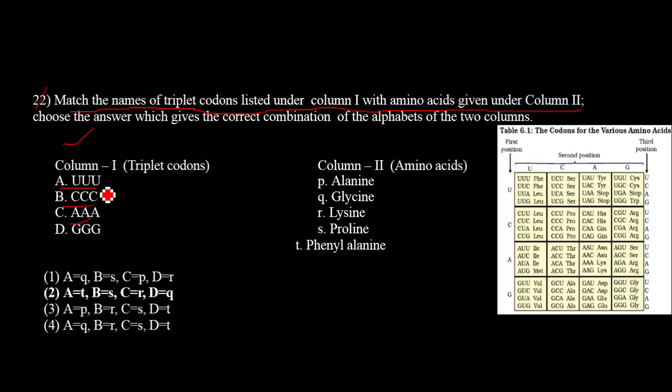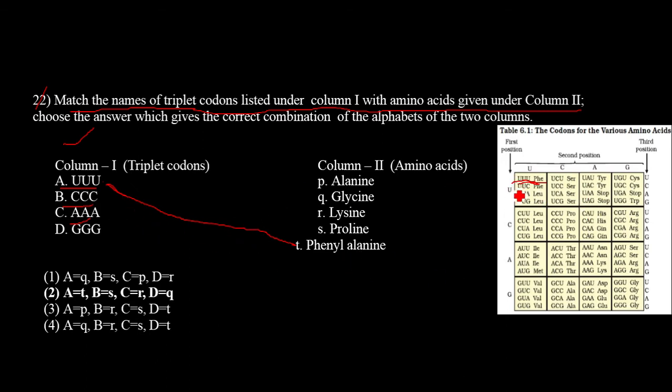If you see UUU in the genetic code, it codes for phenylalanine. UUU is the codon which codes for phenylalanine. Amino acids are written by a 3-letter code in the genetic code; the 3-letter code for phenylalanine is Phe.